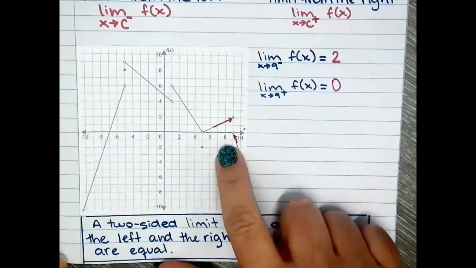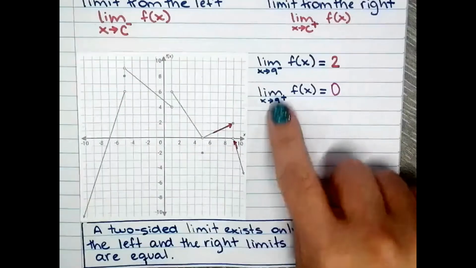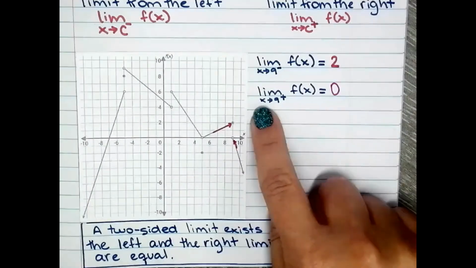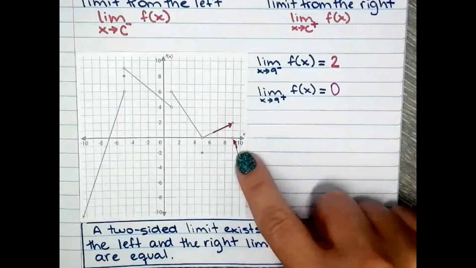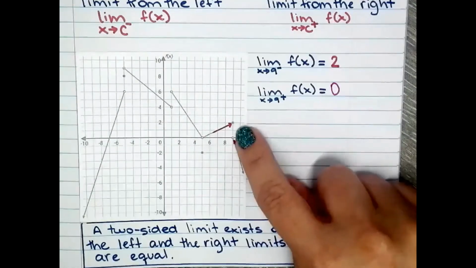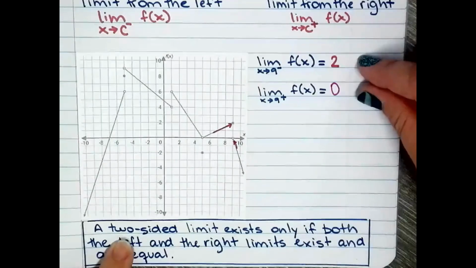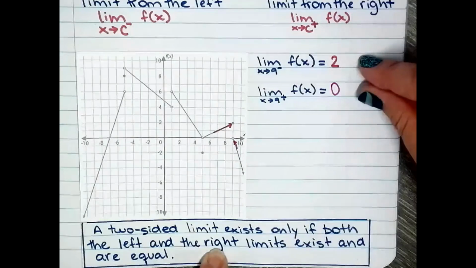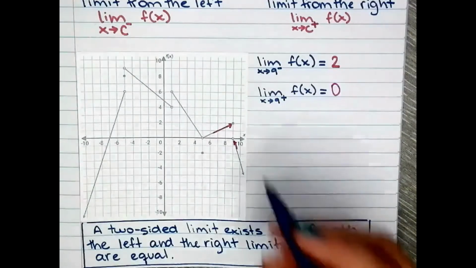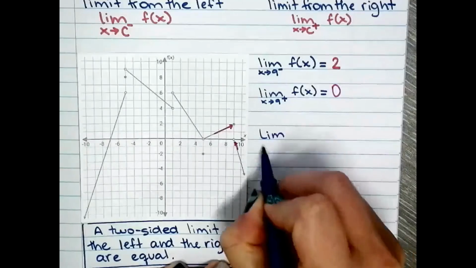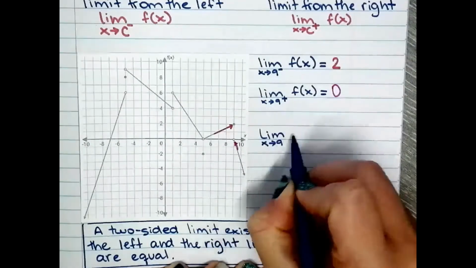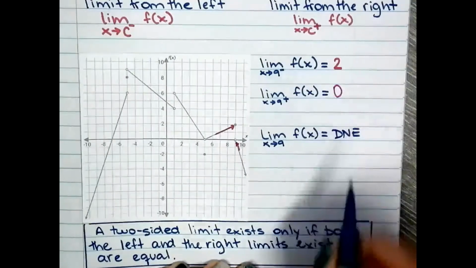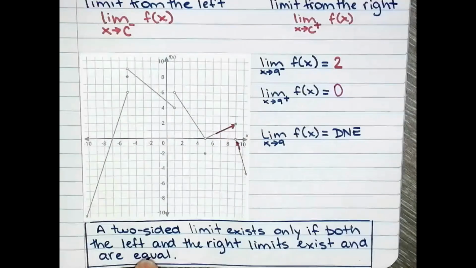Using the example that we just did, if we were to decide if the limit as x approaches 9 of f of x exists, it doesn't exist because we have two different values right here. Approaching from the left is different than when you approach it from the right. So the limit as x approaches 9 of f of x does not exist because they're not the same.